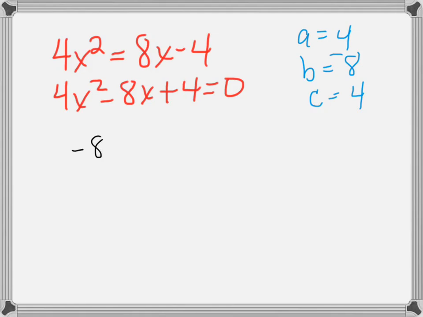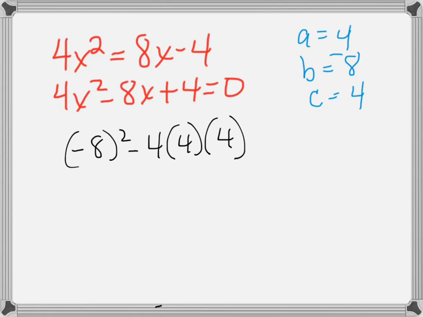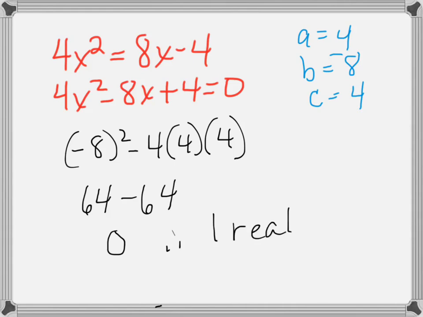Using the discriminant, we're going to have negative 8 squared minus 4 times 4, which is a, times 4, which is c. This gives us 64 minus 64, which gives us 0. Since its discriminant is equal to 0, there is only one real root.